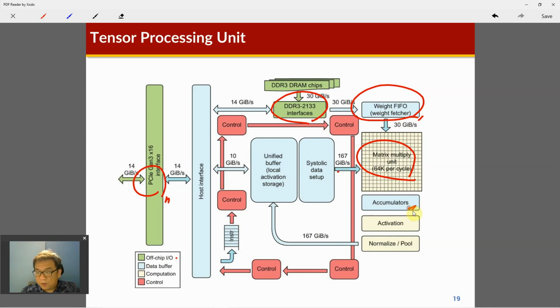Then there are the accumulator, the activation, and some computation units. These are some control parts of the TPU. This figure is copied from the TPU paper, which was presented at ISCA 2017, and I was there.